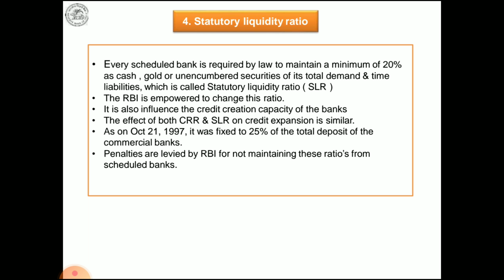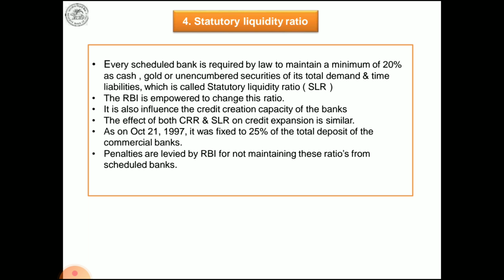This is the same. Let us take it that the current SLR is 23%. Next year, if the SLR is increased to 25%, then all the commercial or scheduled banks have to keep more of their deposits, gold and cash as liquid assets, and they will have less money to give to customers.